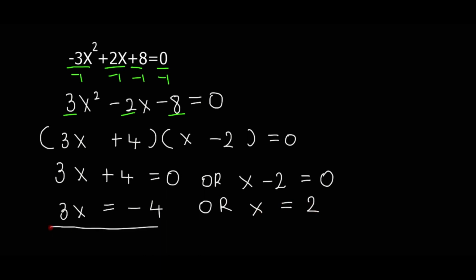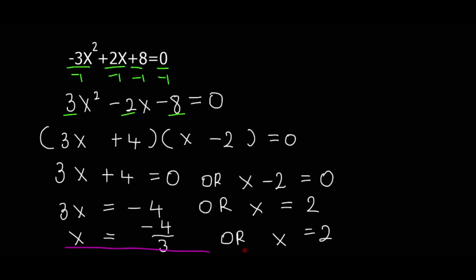And then for this one we divide both sides by 3 to create x. And this means x is equals to -4 over 3 or x is equals to 2. And then this is our answers.